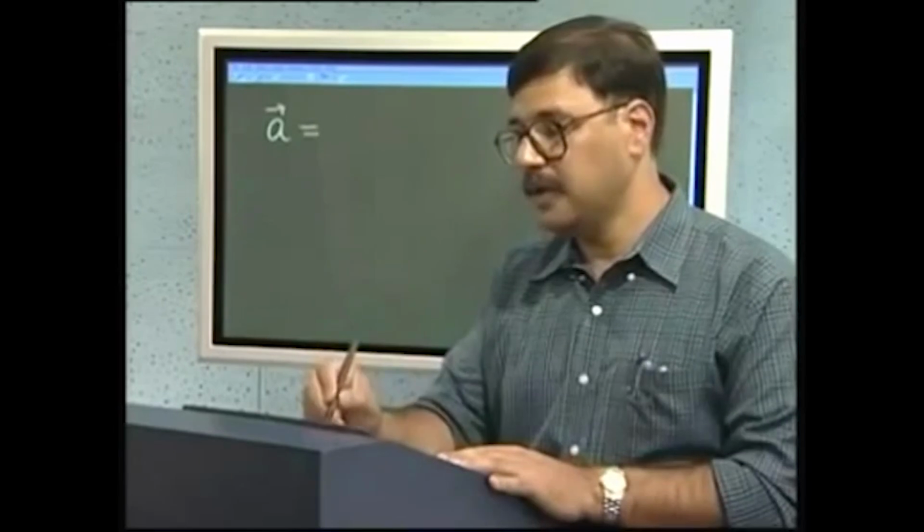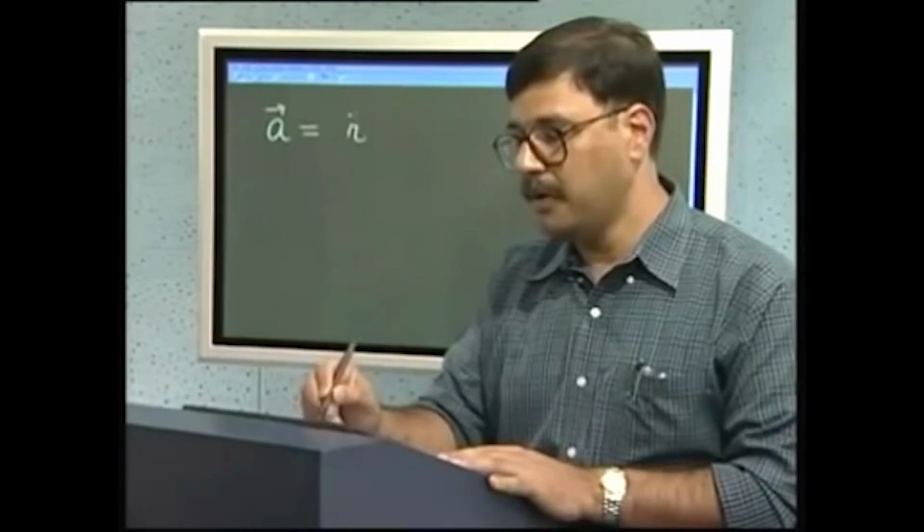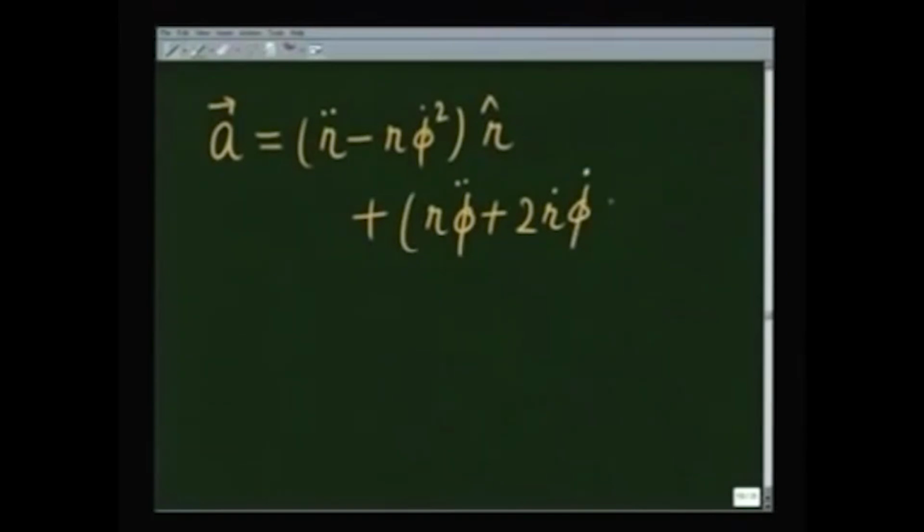Again, this is equal to r double dot minus r phi dot square in r direction plus r phi double dot plus 2 r dot phi dot in phi direction.